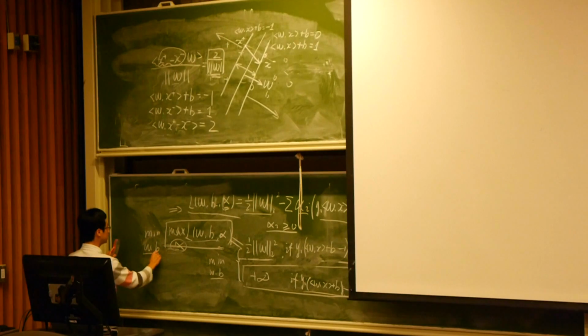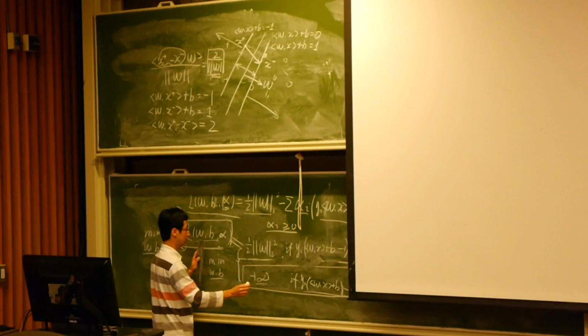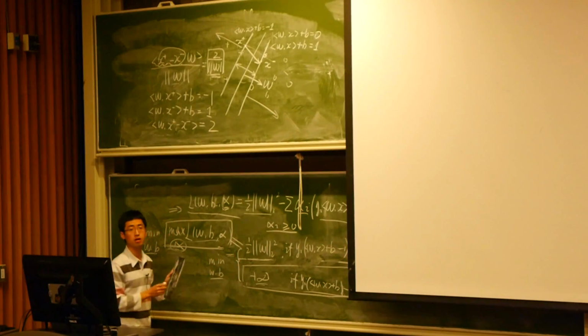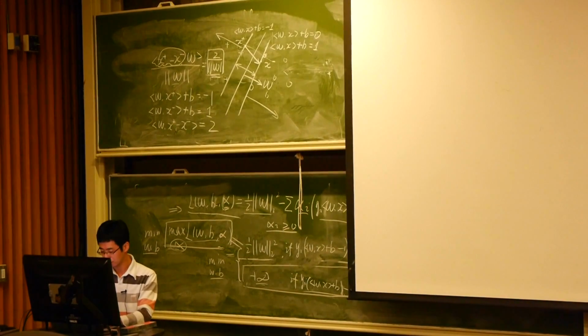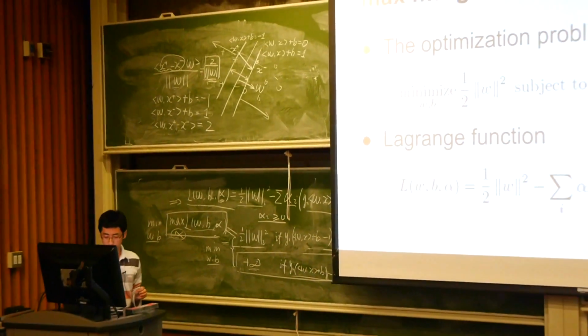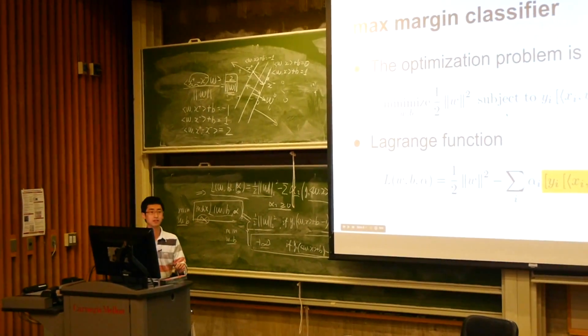Then we minimize over w and b. Because we have infinity here, we just ignore this part. And then we got the primal optimization problem, which is exactly this optimization problem.